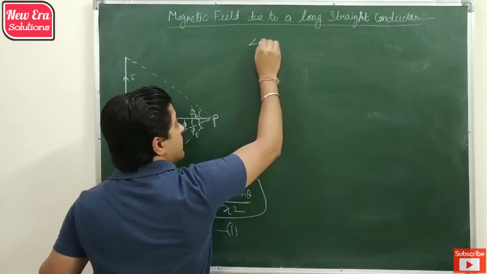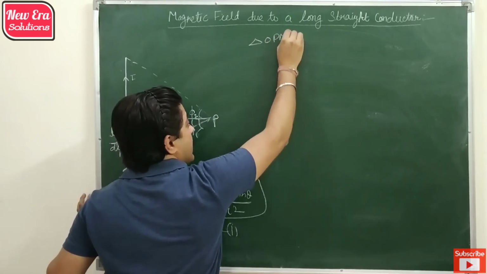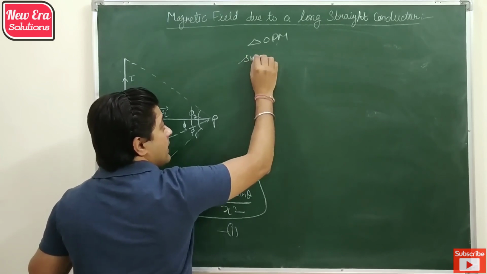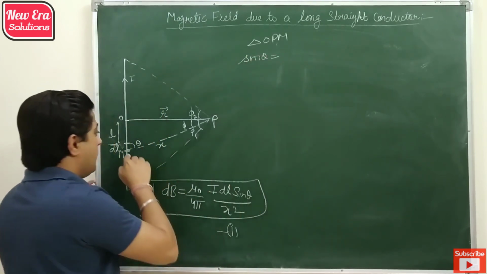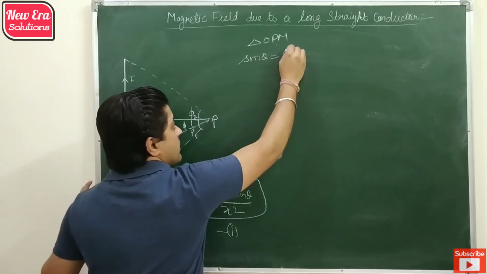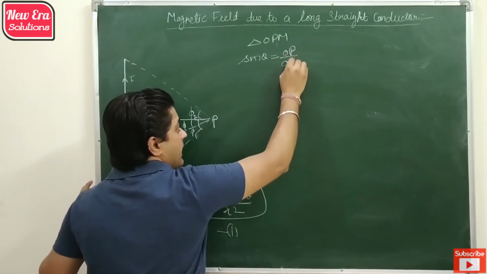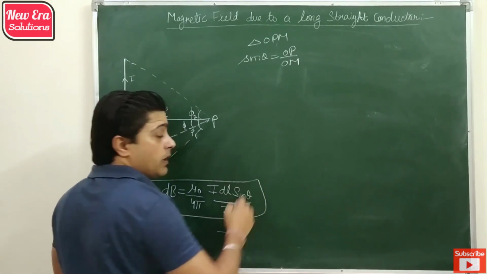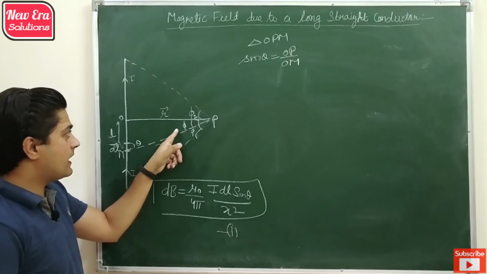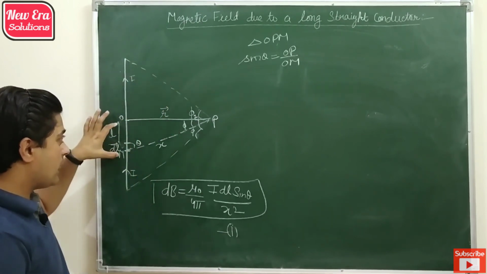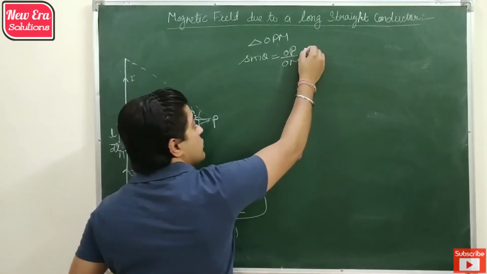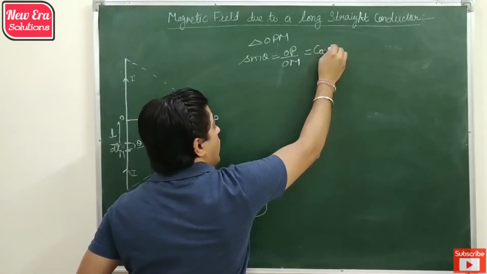In triangle OPM, sine theta is equal to perpendicular upon hypotenuse, that means OP by OM. But if we use this angle phi, in that case OP by OM is base by hypotenuse, so it gives cos phi.